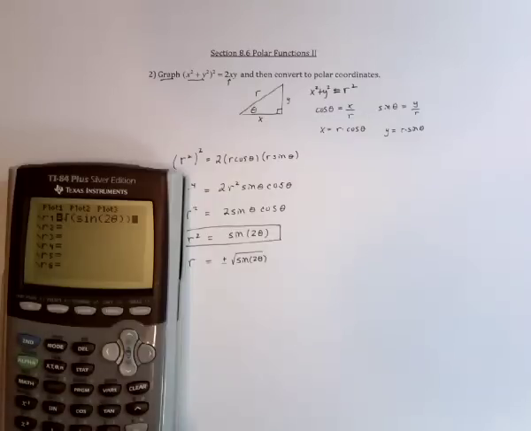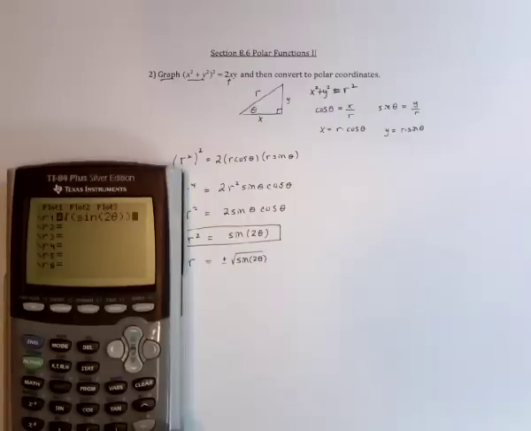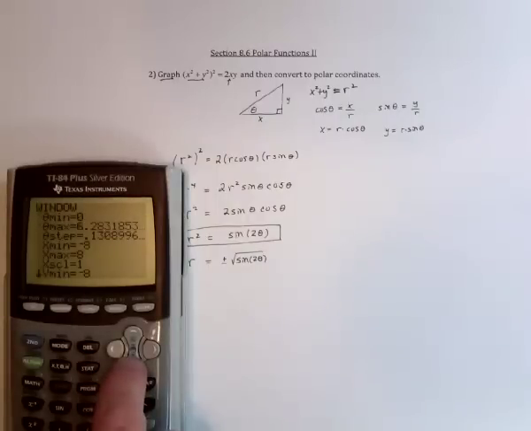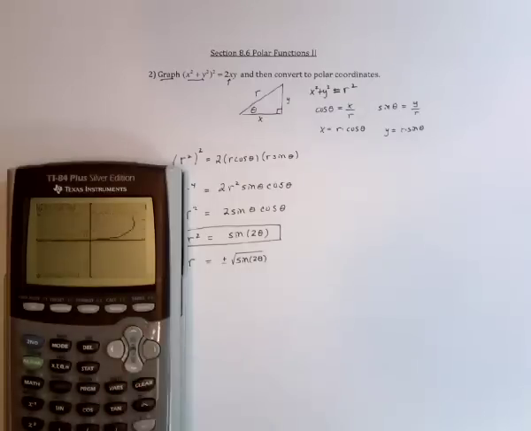There's also the negative square root, but it may be that the positive square root gives the whole graph. So let's see. The window, let's see, sine, the biggest it gets is 1, and the square root of 1 is 1. So negative 1 to 1, whoops, negative 1 to 1, negative 1 to 1. And then graph.